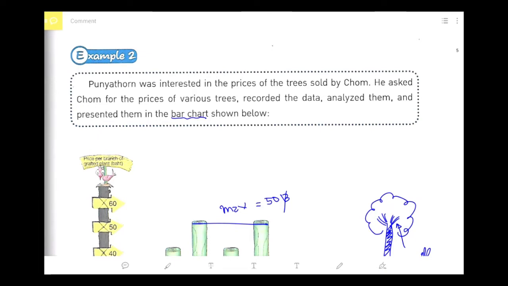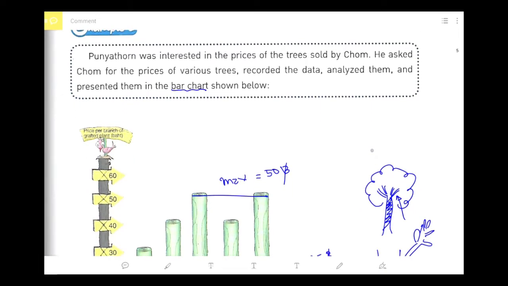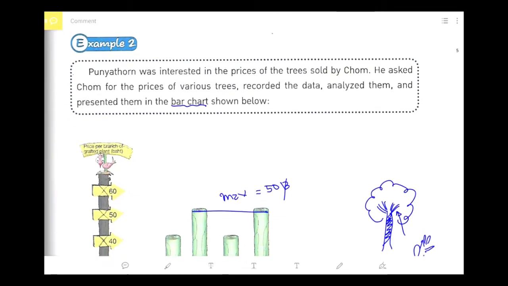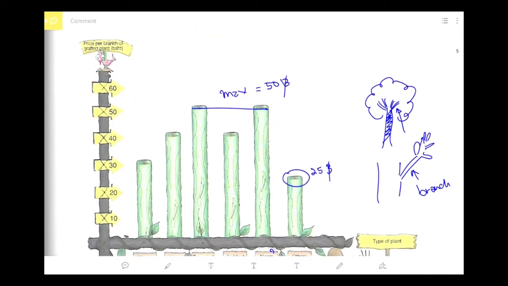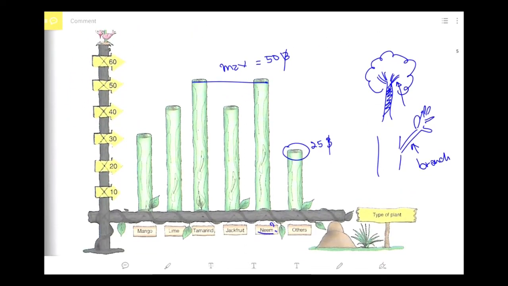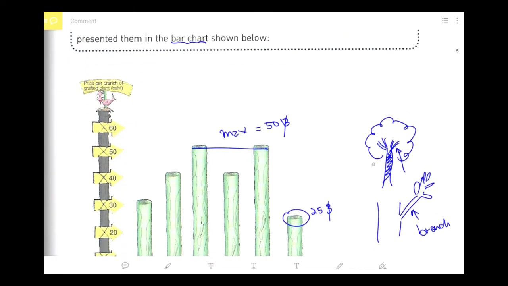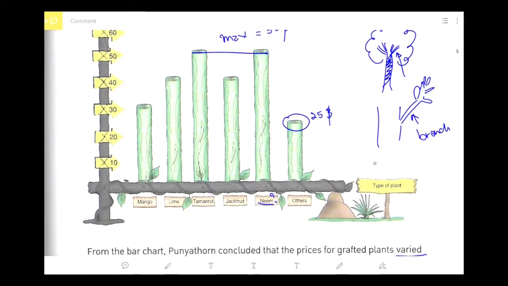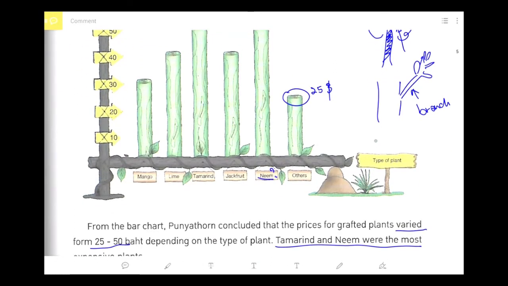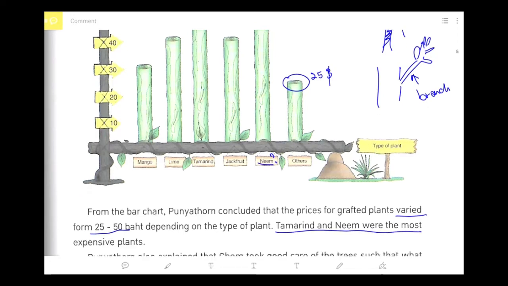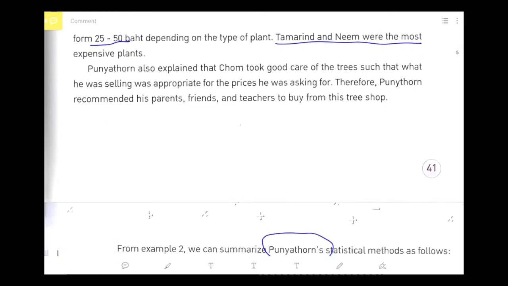So it's up to you; you can look at this as an example. Jom wanted to analyze the prices of the trees, and he presented them with a bar chart. Maybe you can take a look.